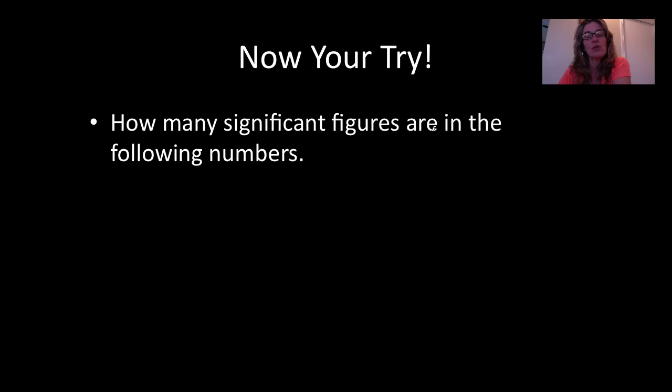Now you try. Go ahead and figure out how many significant figures are in this number. Go ahead and pause the video, write your answer, and then see if you get the right answer. Did you say that your answer was 4? You're correct. If you said 3, you didn't consider that last 0 after the decimal point is significant.